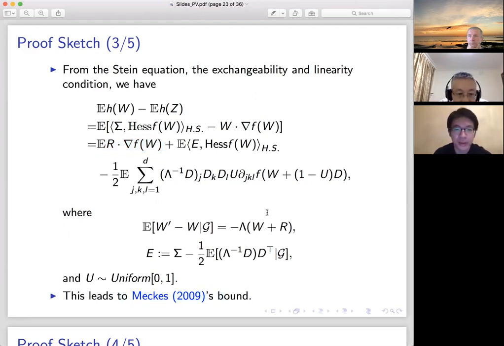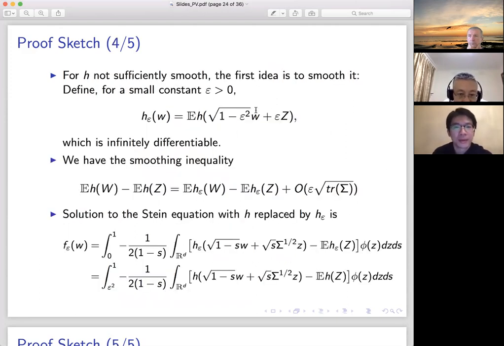Okay, so let me quickly go into what we did for the modification. The problem, as we see, is h is not sufficiently smooth when we talk about Wasserstein distance. We can only have M_1 h bounded by 1. So it's a standard idea in Stein's method to first smooth it.